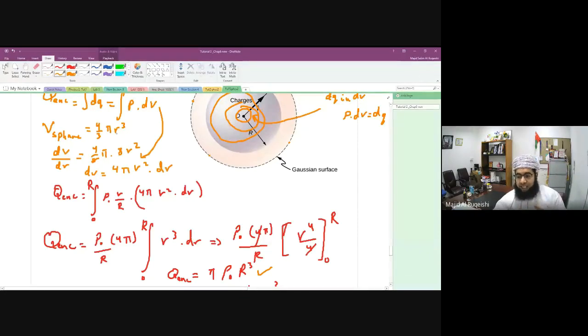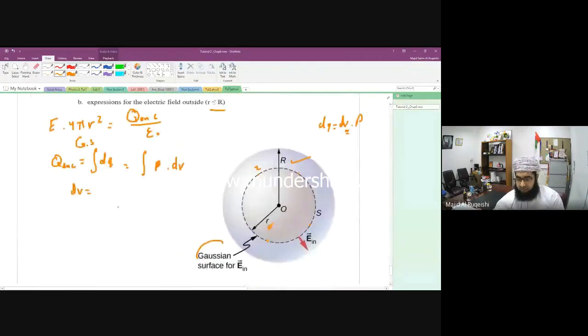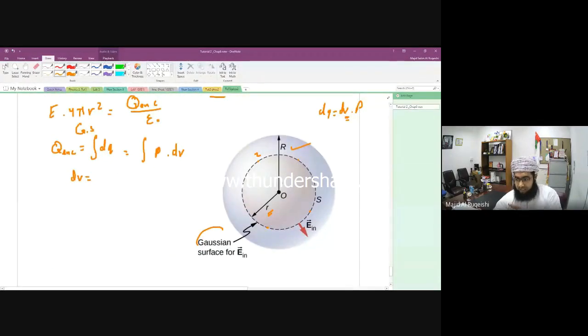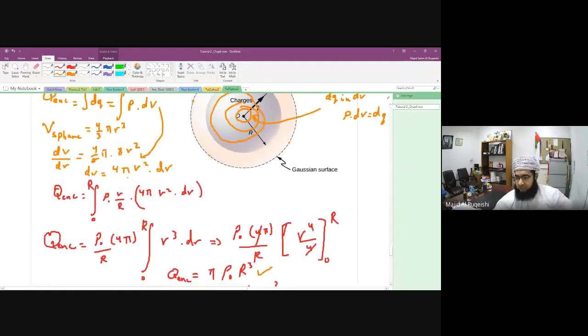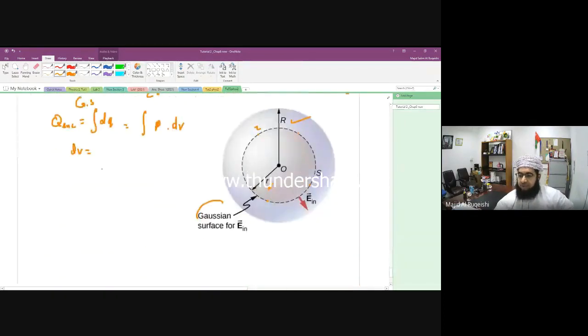But we still can use this volume with small r because our small r now is for the smaller volume, which is the smaller sphere. So in this case, dV will be the same like this one, which is 4πr squared dr.